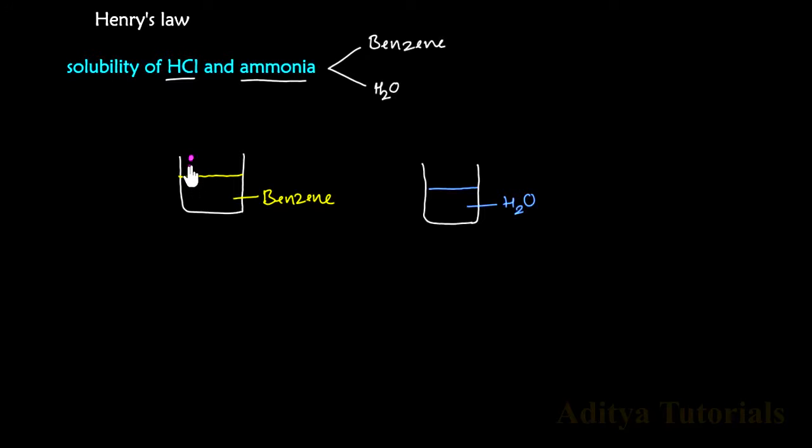The pink molecules are HCl molecules, and the yellow molecules are ammonia molecules, that is NH3. The same thing I'm going to write here. These molecules are HCl, and these yellow molecules are ammonia, that is NH3.